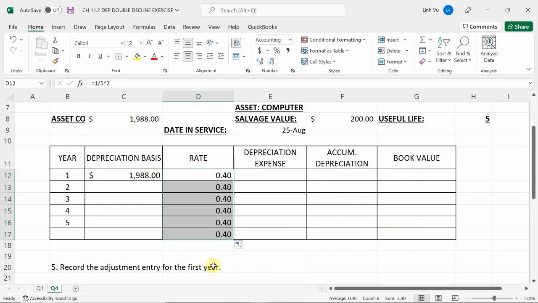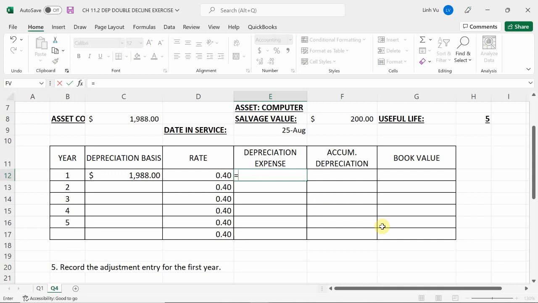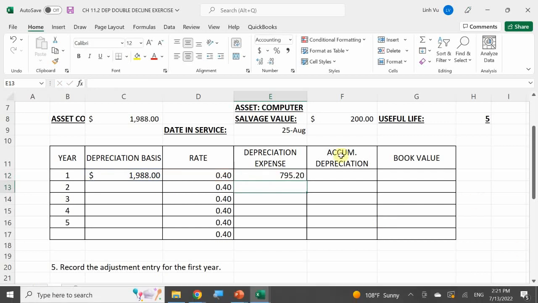All right, so what about the depreciation expense? What's it going to be for the first year? Let me do my equal formula here. 1988 times 40% is going to give you $795.20.